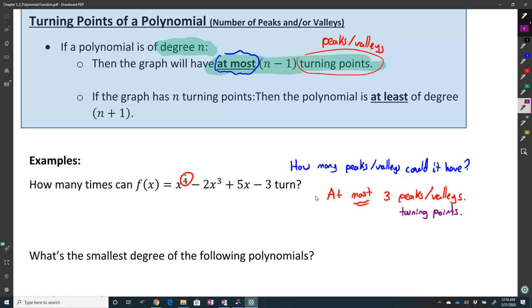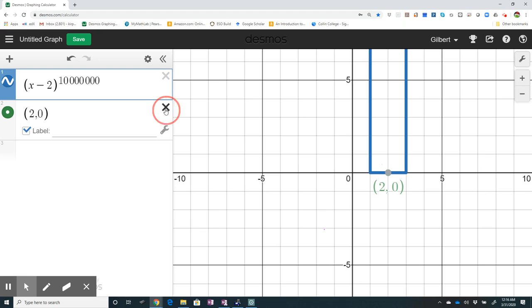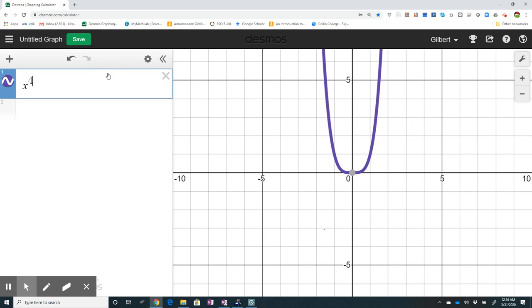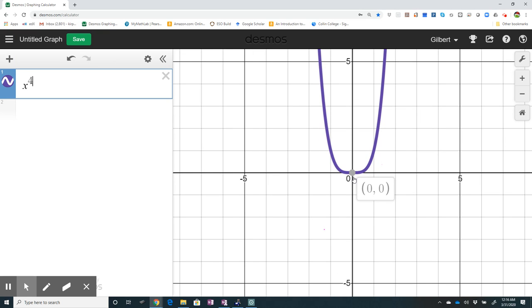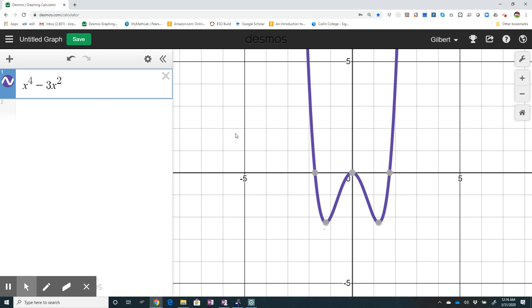Okay. And again, I can go to Desmos. I can graph a degree 4, and it has to have only 3. So here's x to the 4th. Notice that that has 1 turning point. That has 1 turning point. That has 1, 2, 3 turning points.